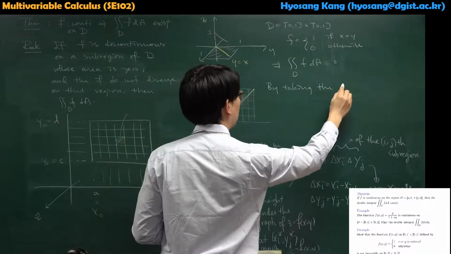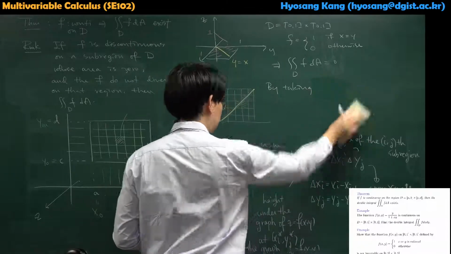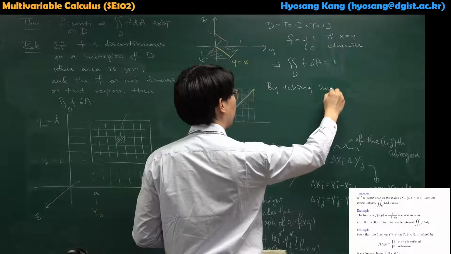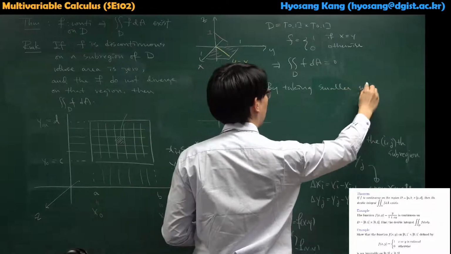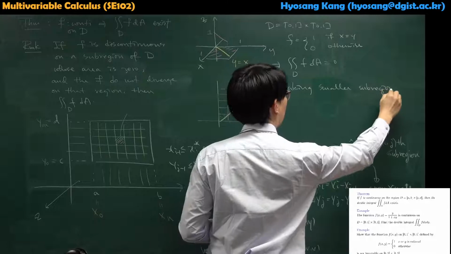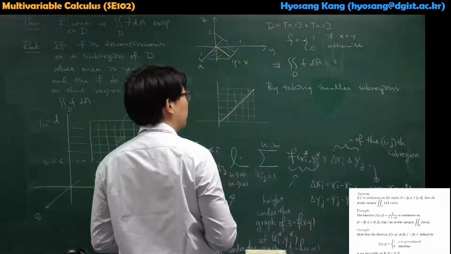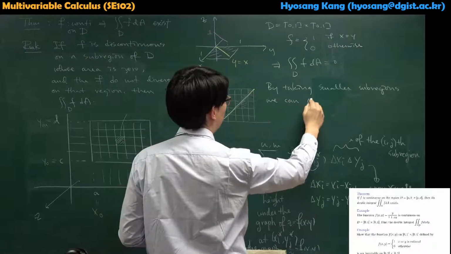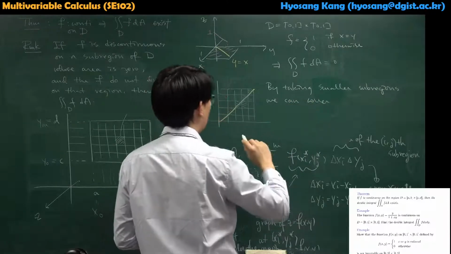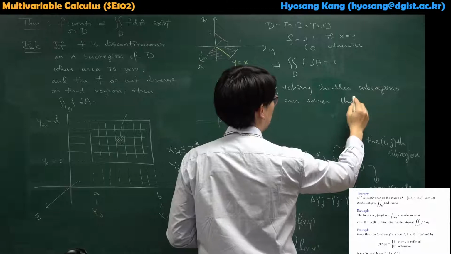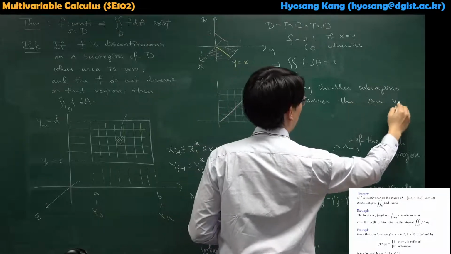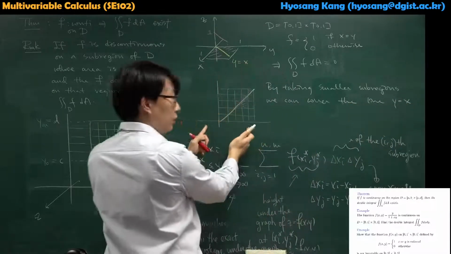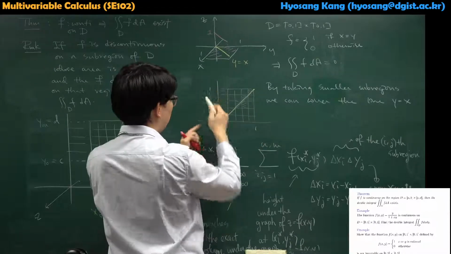By taking smaller and smaller subregions, we can cover the line y equals x only on this interval 0 to 1. I'm not talking about the entire line.